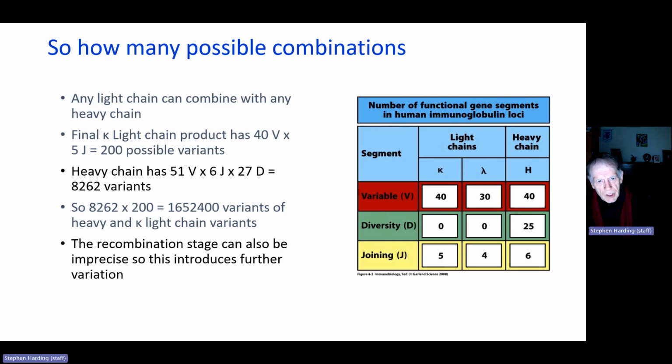So the final kappa light chain product has 40 times 5 J equals 200 possible variants. The heavy chain has 51 V times 6 J times 27 D equals 8262 variants. So 8262 times 200 equals 1,652,400 variants of heavy and kappa light chain variants.